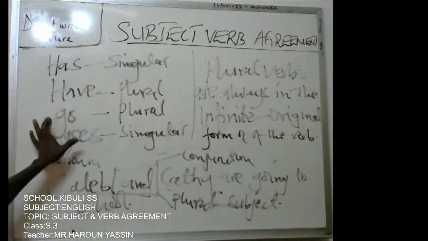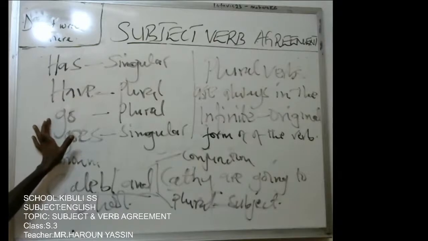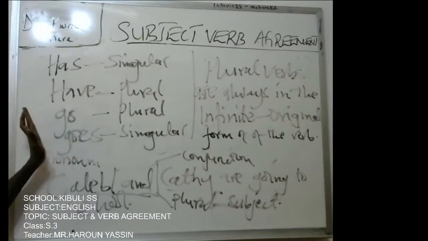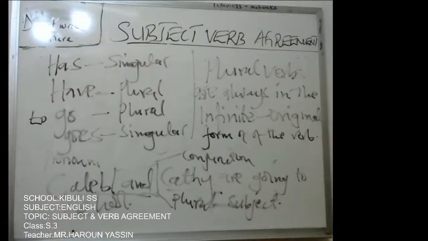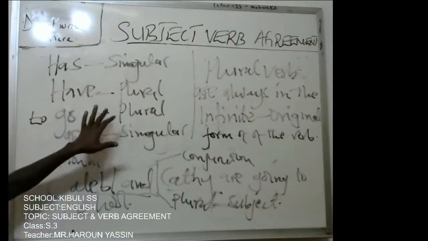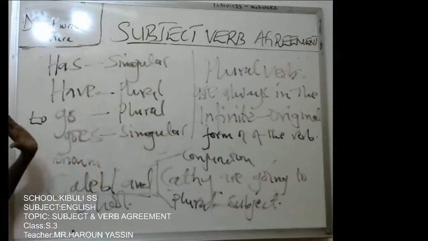For instance, look at the verb go here. It has not changed to any form. So we say to go. We shall say to eat. It has not changed into any other tense form. Of course, you will say go, going, goes, went, and so on.